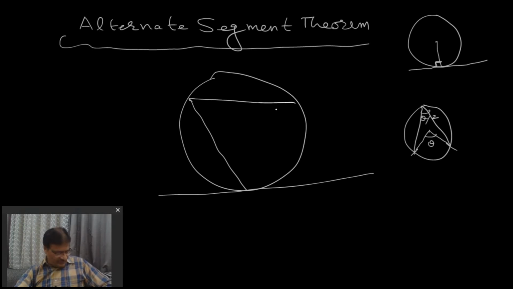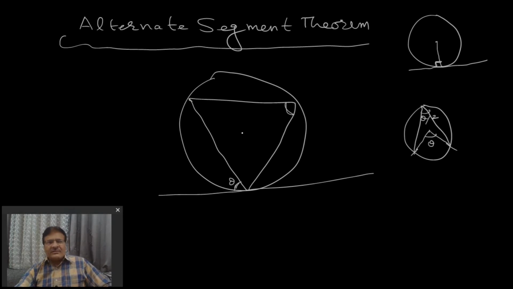Suppose I am joining from here this way, and what I need to prove is, if this angle is theta, then that angle, this one, must be theta. This is to prove. This only is the alternate segment theorem. So from this side or from this side, if this one is theta, then that should be theta. Same thing.